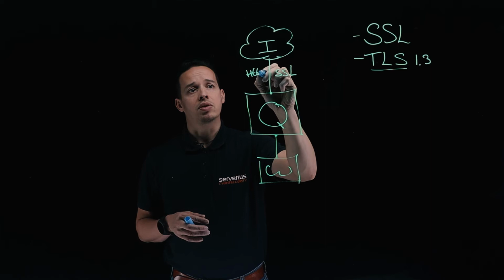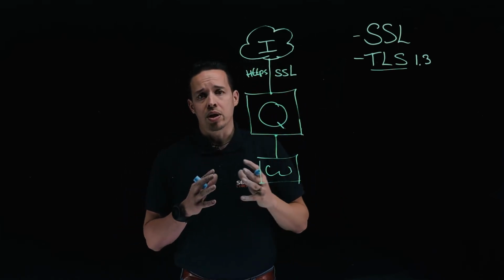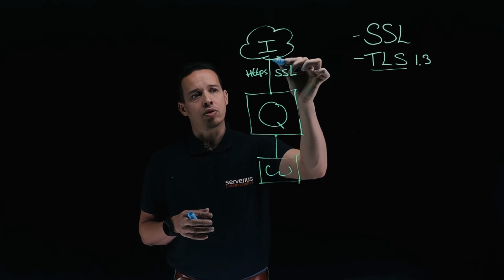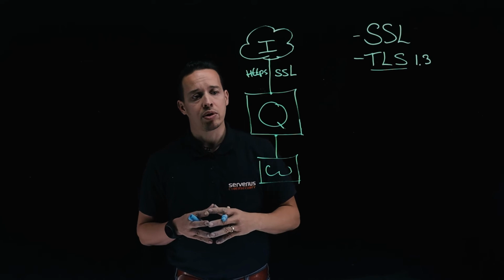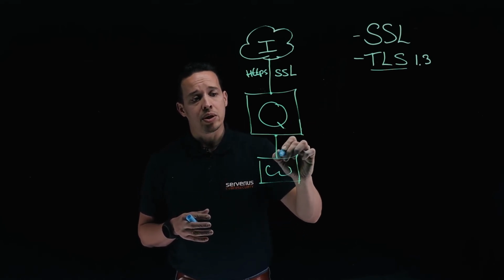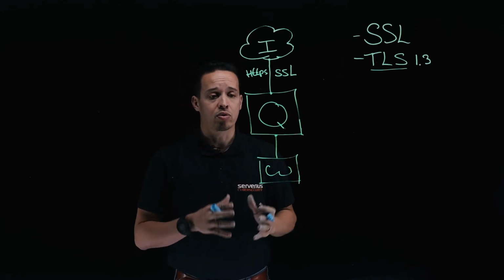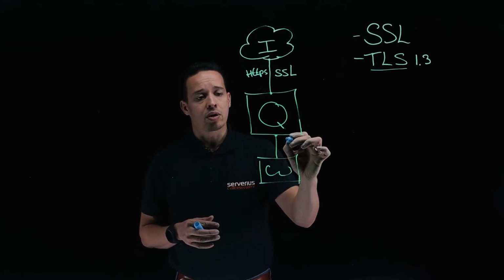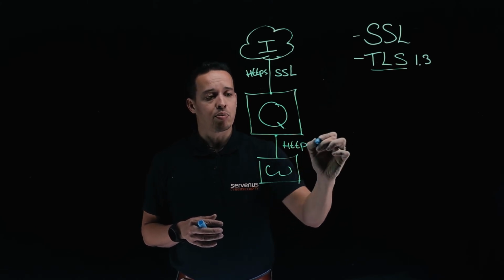The difference between termination and bridge is as follows. In front of the Qbine proxy, we've got secure traffic, HTTPS. Now, if you're talking about termination, the traffic will be decrypted right inside the proxy and will no longer be encrypted when we send the request forward to your website. Then you're talking about HTTP or port 80.